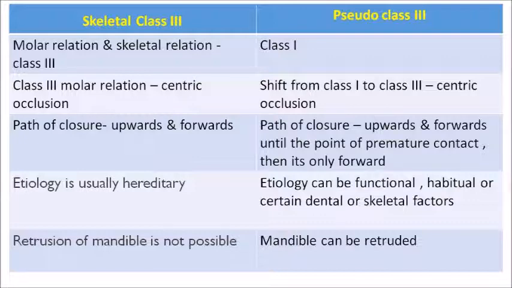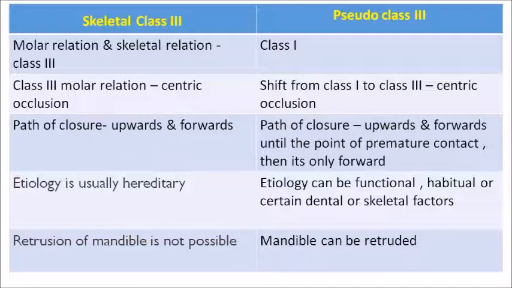But when you ask the patient to bite in a centric occlusion, this will shift from class 1 to class 3. This is because the path of closure of the mandible is upwards and forwards, but when there is a point of premature contact, it remains only forward, it doesn't go upward. So your mandible will be brought forward, and this will give you a class 3 appearance.